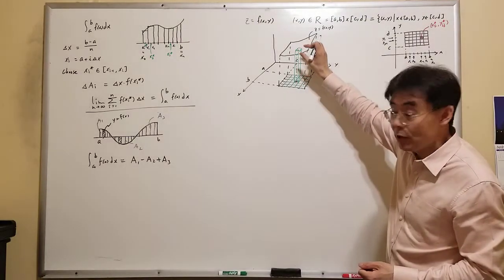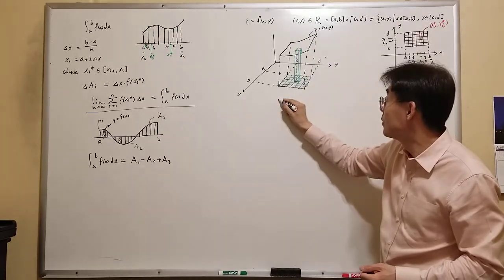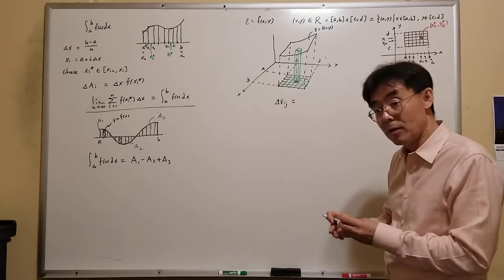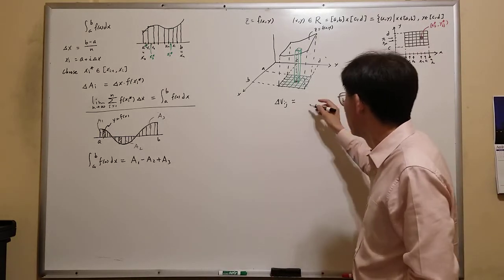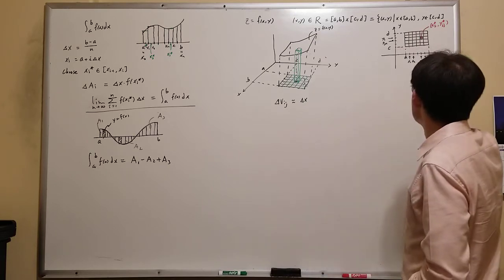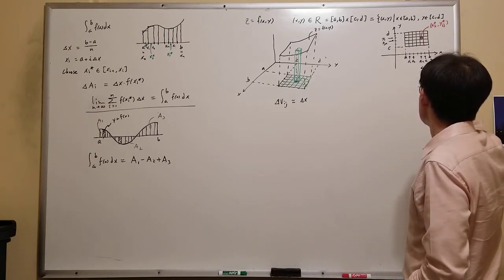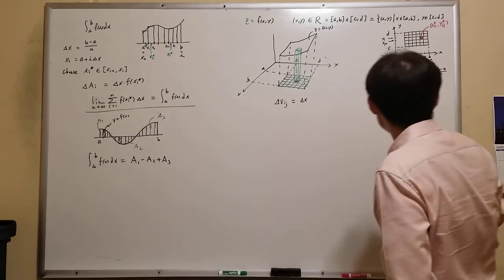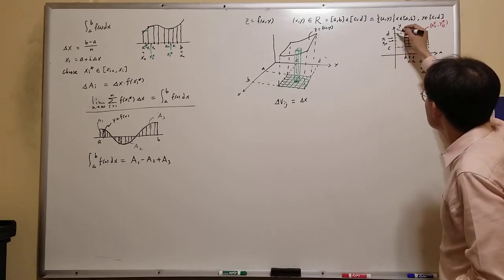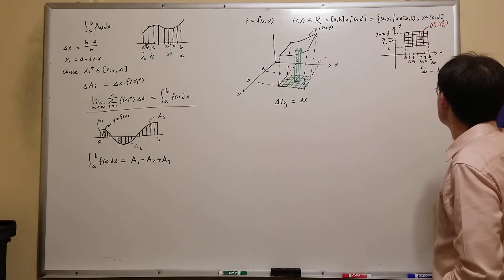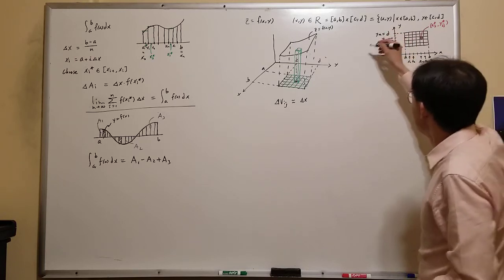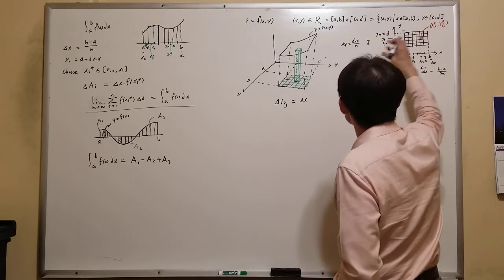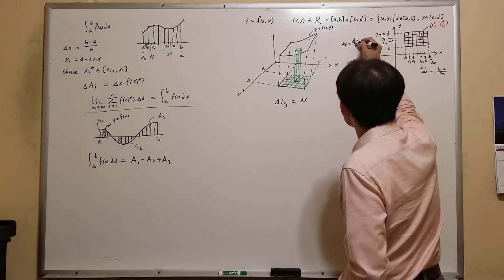So the volume of this ijth rectangular column, let's say delta Vij, is approximately what? Delta x, which is b minus a over m, and delta y equals d minus c over n. This length divided by the number of partitions. Okay?